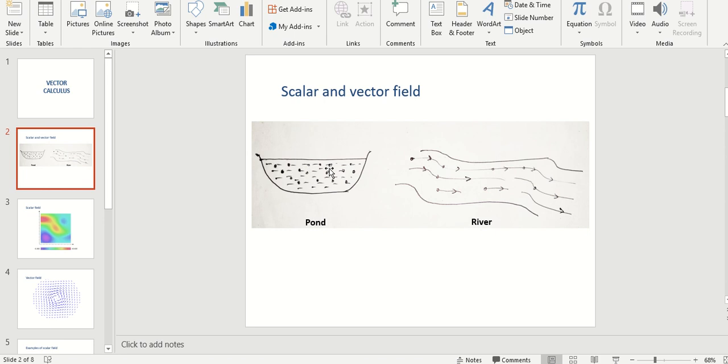We can represent these points as water particles or water molecules. So many molecules exist in the point. I am not talking about a single point, I am talking about many points together. In this pond each and every particle is in static mode, and in this river each and every particle is in dynamic mode and has some direction and some magnitude also.